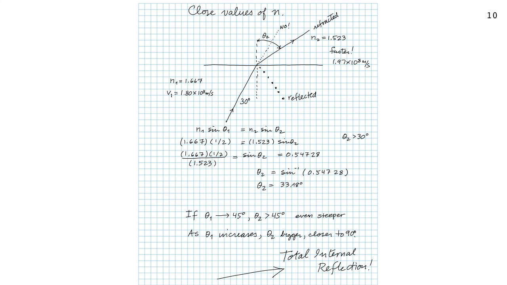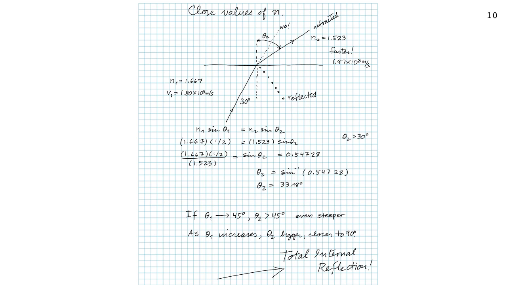Then theta 2 is going to be greater than 45, i.e. even steeper. And you can calculate it just the way we just did. So that's going to be a little bit steeper than 33. It might be 48.2 or 49.7 or whatever it works out to be. That might be a nice exam problem. What's theta 2 for this calculation here? But whatever it is, it's going to be a little bit bigger than 45.